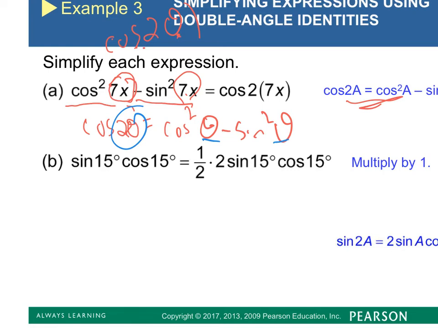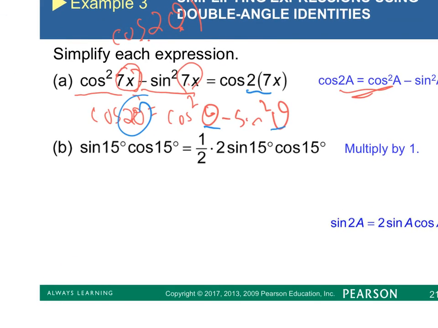So we know that we have to double. So I think that answer is really already there. If you simplify it, what's 2 times 7? Should be just a 14x. So cosine of 14x.